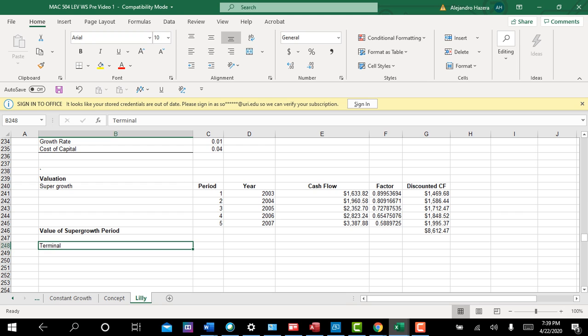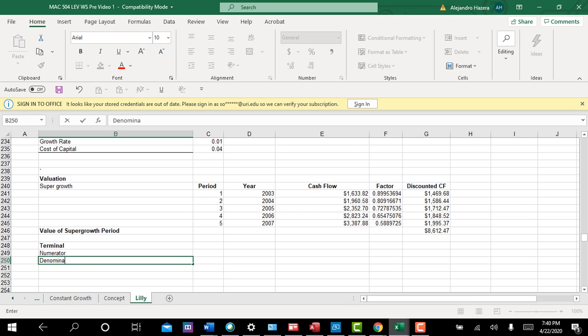And this is all the typical stuff we've already learned. But it'll be interesting to see the difference, how much growth is worth, the difference between the no growth price of $11.66 and what we get here. So for the terminal period, I'm going to have the numerator, and then we're going to have the denominator.